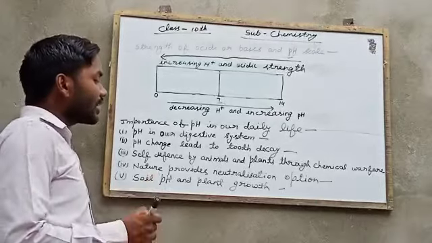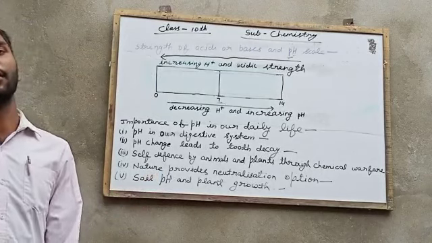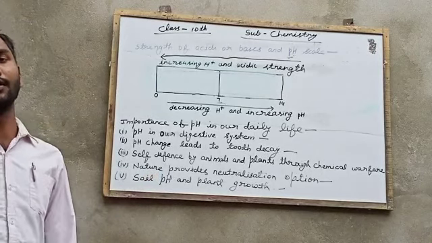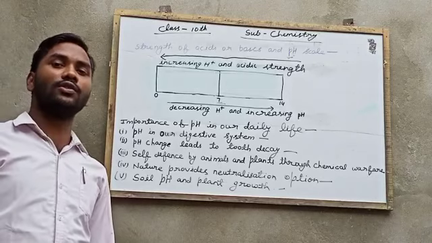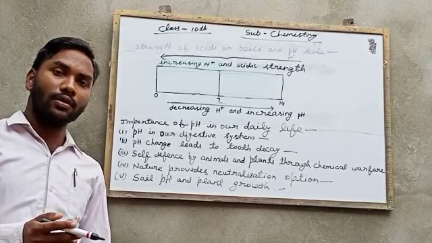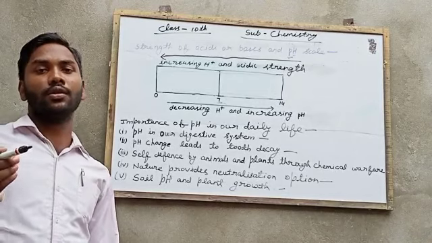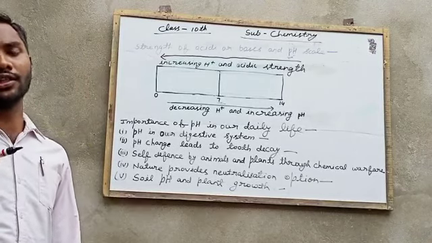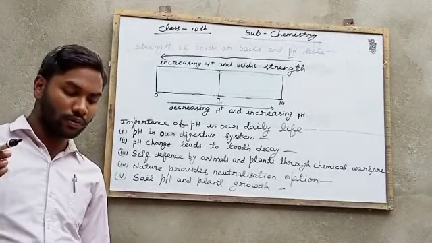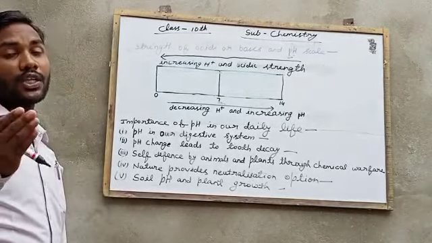Fourth one is nature provides a neutralization option. In nature also there are many things which neutralize one another. In the wild there is a nettle. It is a herbaceous plant whose leaves have stinging hair.